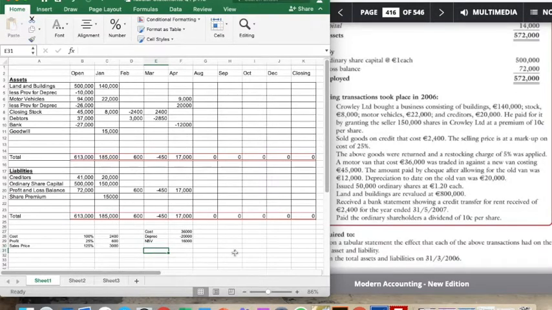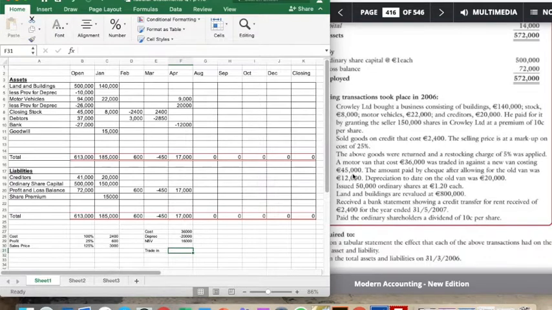That's what they would have said in the question. But they gave us a trade-in, which must have been more than that. Now, how did we work out how much they gave us as a trade-in? It says the amount paid by check after allowing for the old van was 12. So that means we gave the old van plus 12 grand to buy something worth 45.